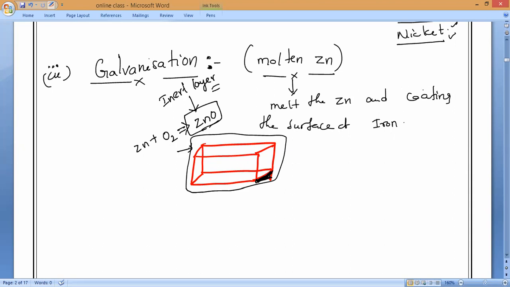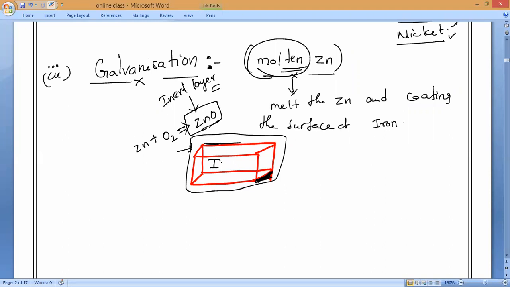We take zinc metal and melt it, which means molten zinc. Now we apply that zinc as a coating on the surface of iron.